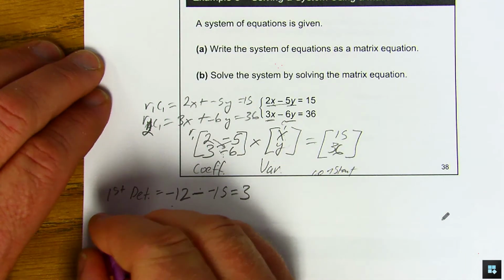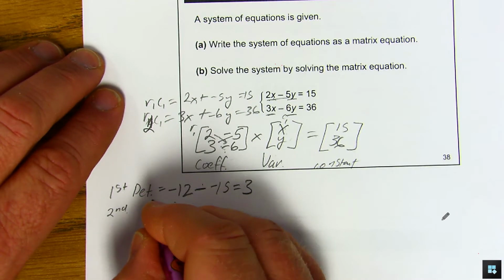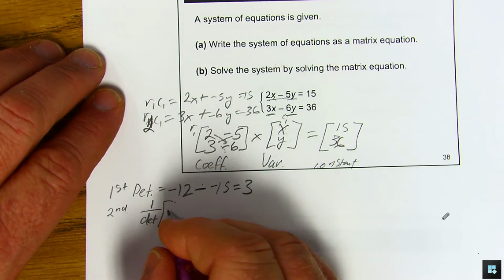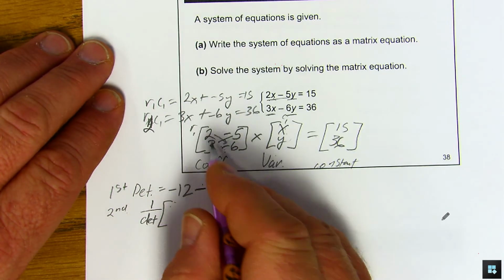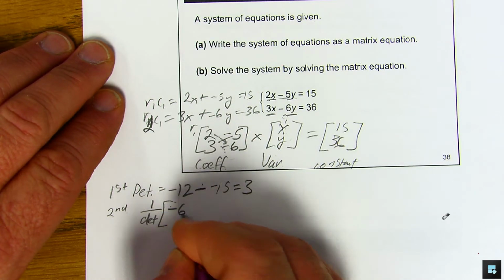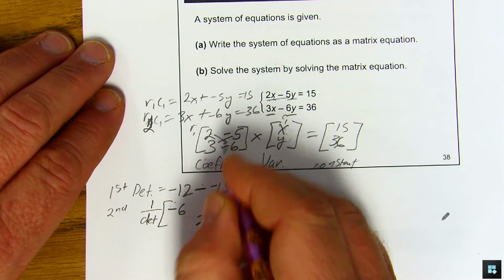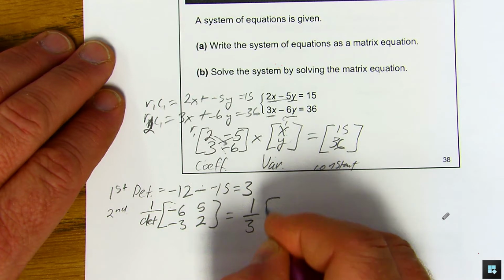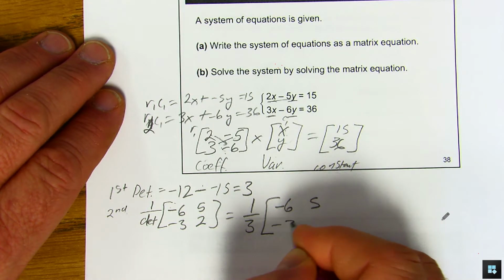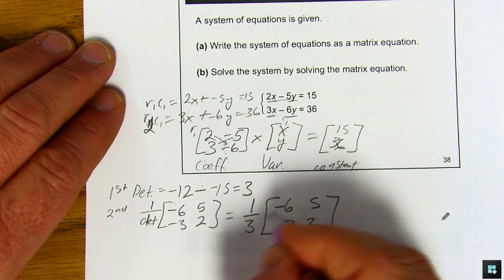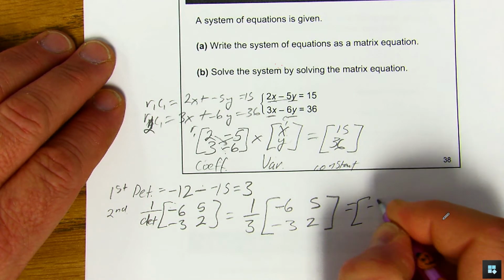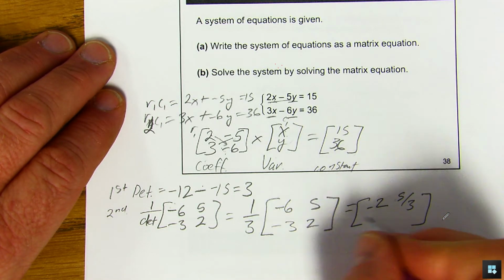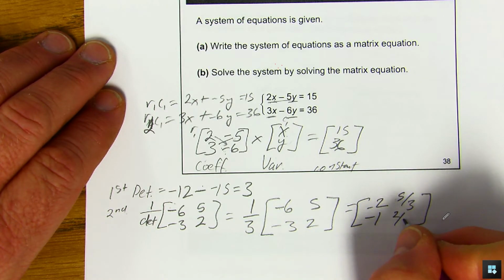Second, we take 1 over the determinant and multiply that to our switched-up matrix. We switch these two places, negative 6, 2, and switch the signs on these, 5, negative 3. So I get 1 over 3 times negative 6, 5, negative 3, 2. So 1/3 times negative 6, negative 2. 1/3 times 5, 5/3. 1/3 times negative 3, negative 1. 1/3 times 2, 2/3.